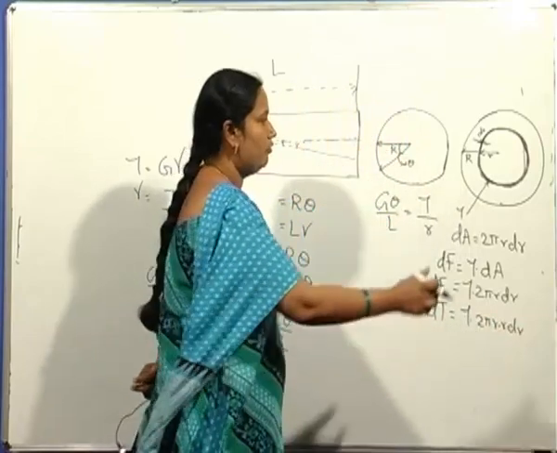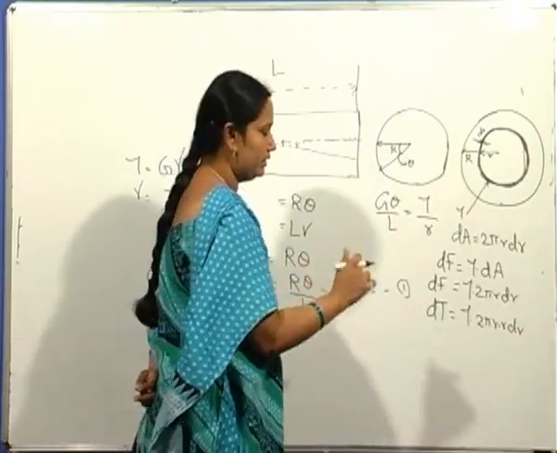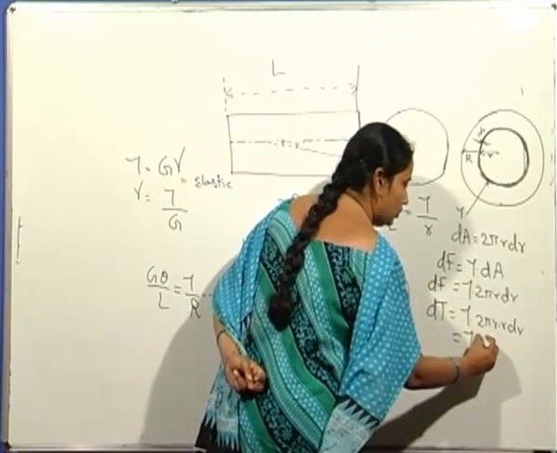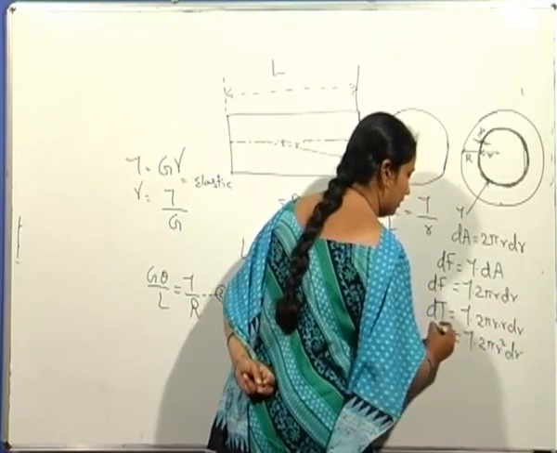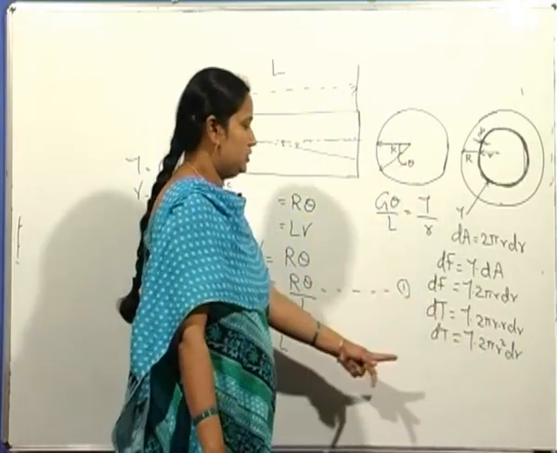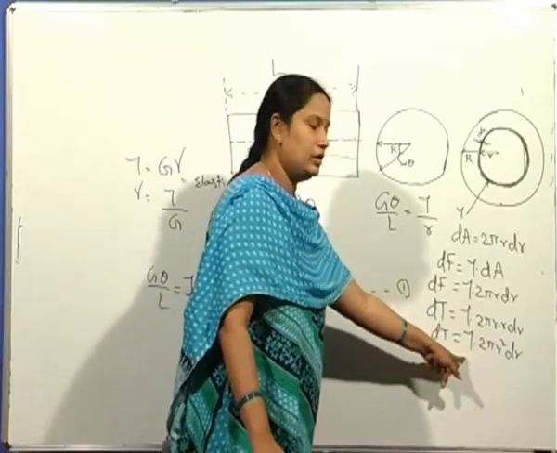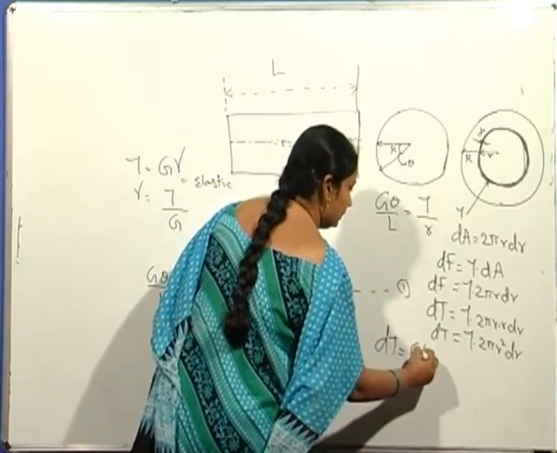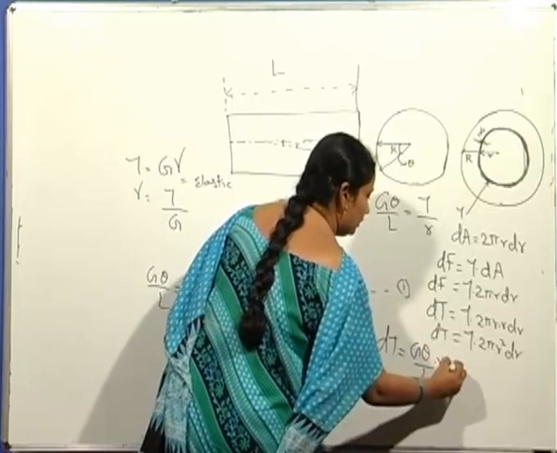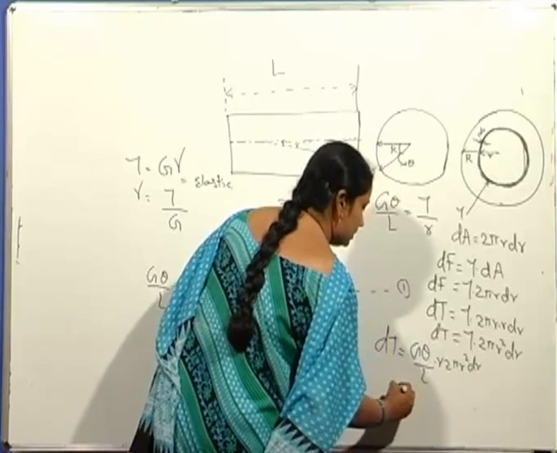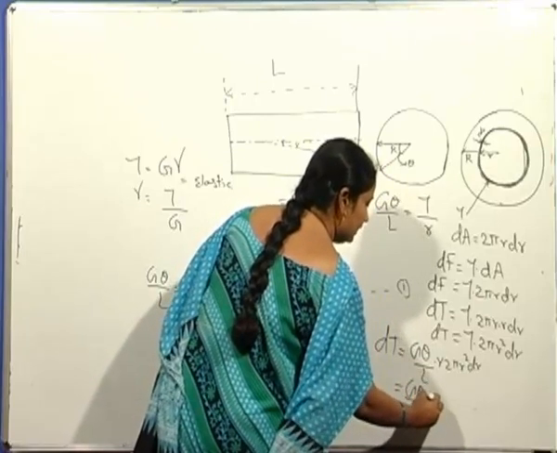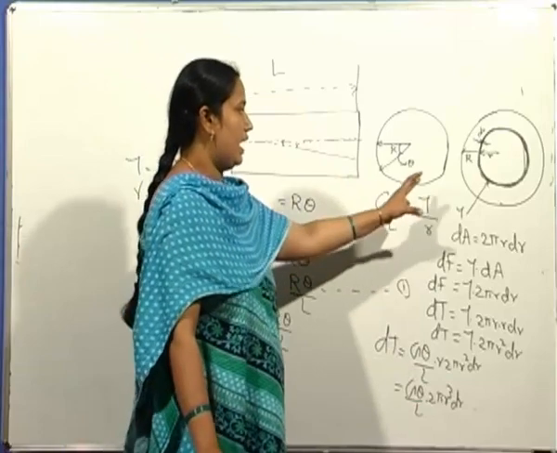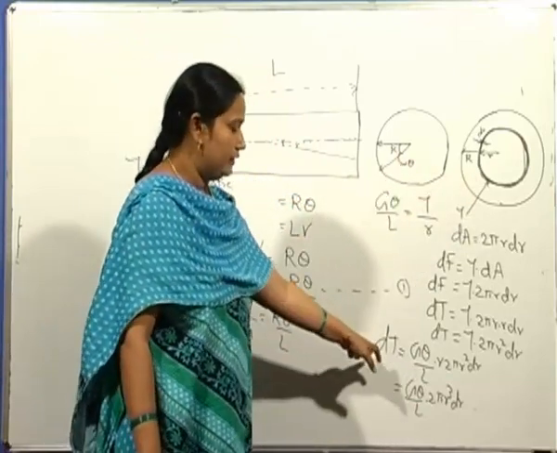At a distance of small r, the torque acting on the elementary ring is tau into 2 pi r square dr. So dT is equal to tau 2 pi r square dr. Substituting the expression for tau, that is tau is equal to G theta by L into small r, dT is equal to G theta by L into 2 pi r cube dr. Now when the torque acts on the whole cross section, we integrate this equation.